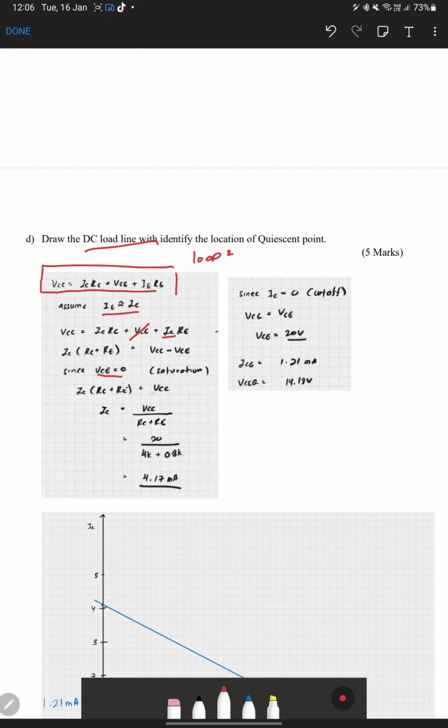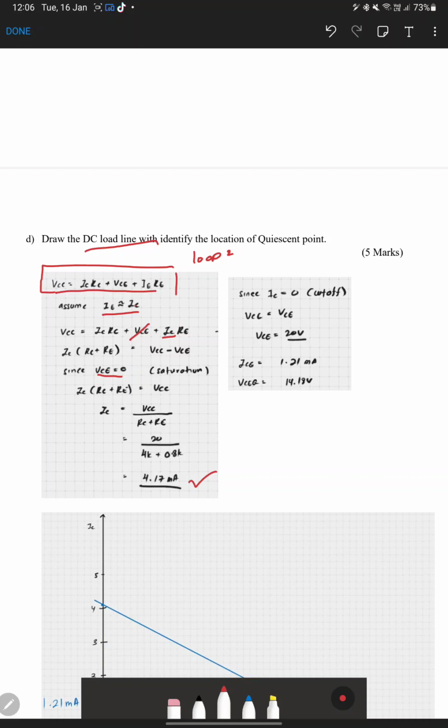So we rearrange for IC, voltage divided by resistance, so VCC divided by RC plus RE, and we get the value for IC is 4.17 milliampere.